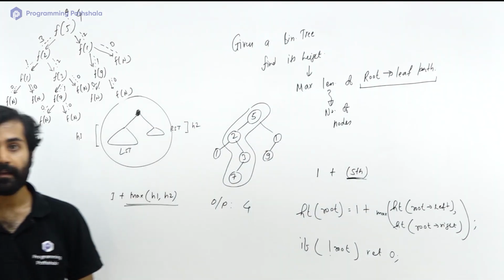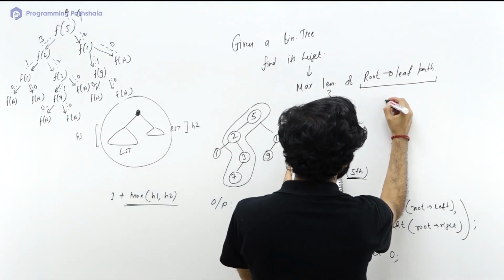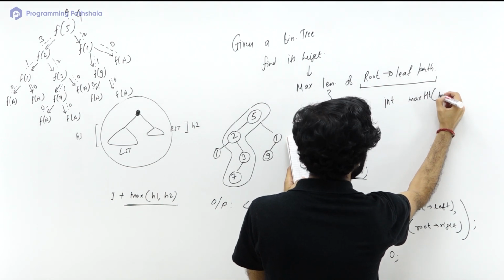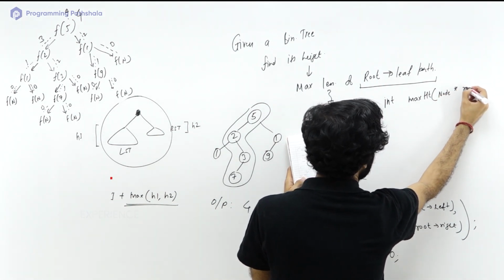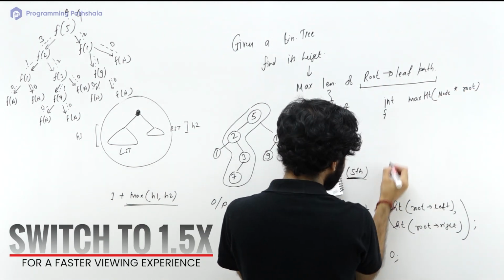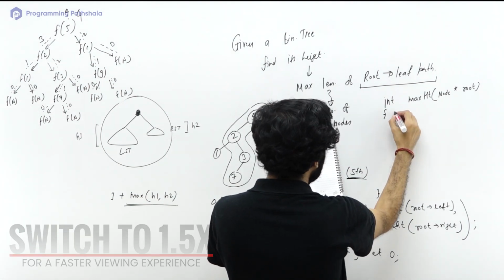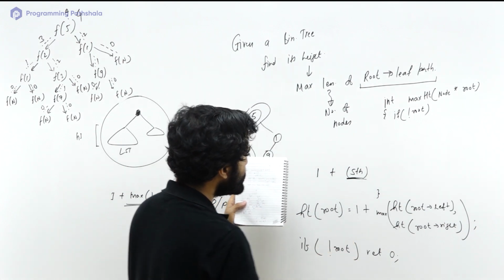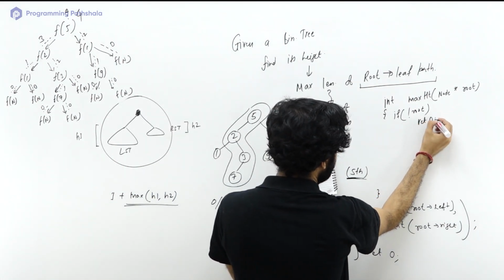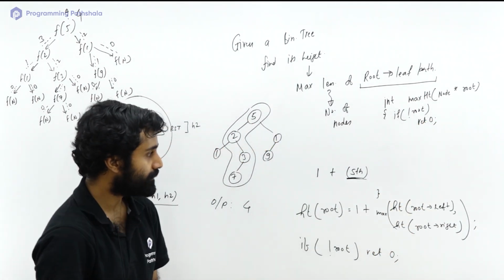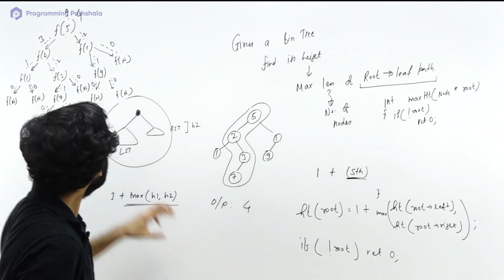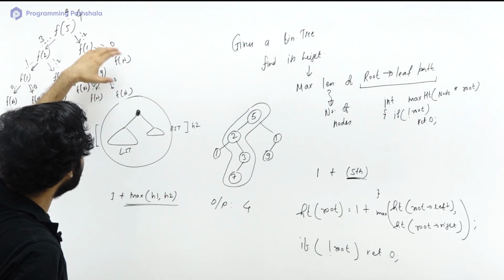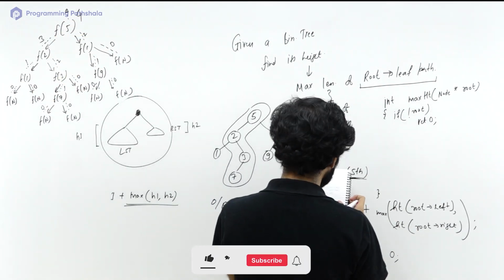Let's do that. Okay guys, so let us see how the code would look like. So let's say there is a function called max height, and this function intakes the root of the tree whose height is to be calculated. Now I can have a logic that, hey, if my root is null, which is my termination condition, I would just return 0. Otherwise, what do you think should we do? Otherwise, first we should make a call to the left child and get the left height. Then we should make a call to right child and get the right height. So let's get that done.